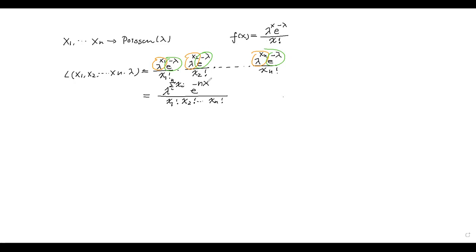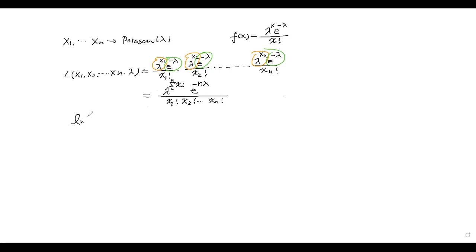So in order to find the maximum likelihood, just like in calculus, we want to take the derivative and set the first derivative equal to 0. But this is a kind of complicated function, so the easy way to do it is to take the log.